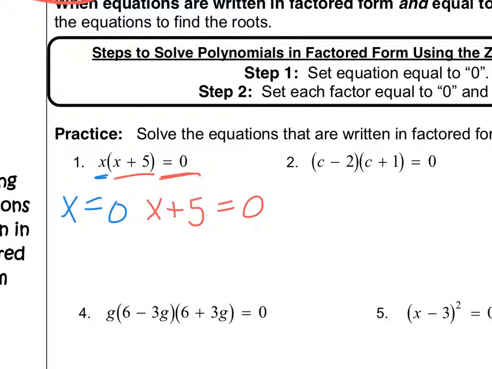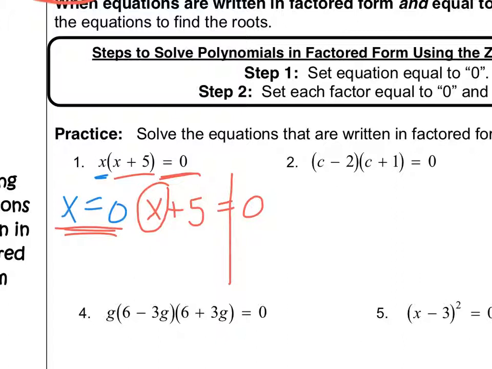So my first factor, I've already got the solution, x equals 0. But on this other one, I don't have x by itself yet. So in order to get the solution, I have to get x by itself. I have to do the opposite of, or zero out, the other term. So the other term over here on this side of the line is that positive 5.